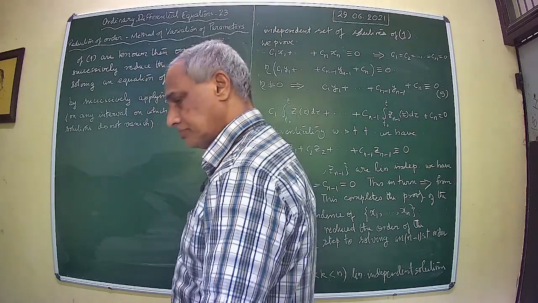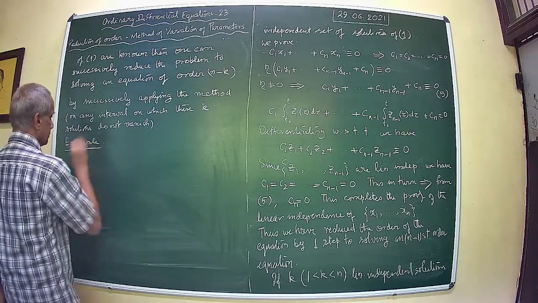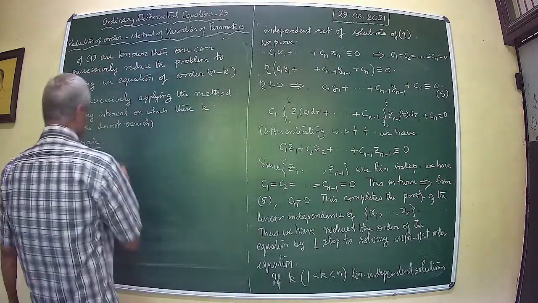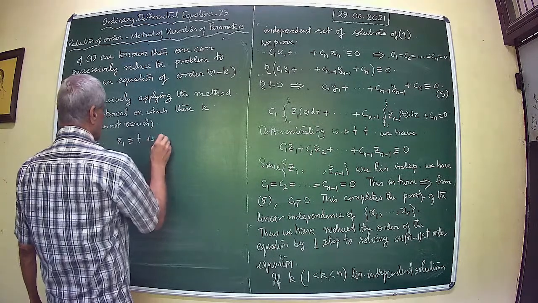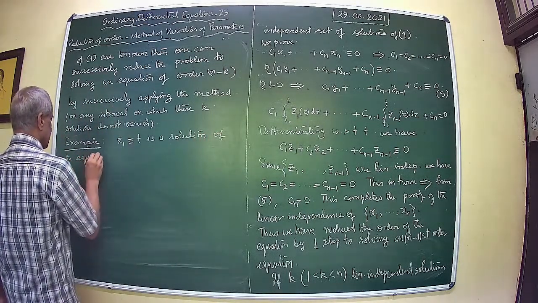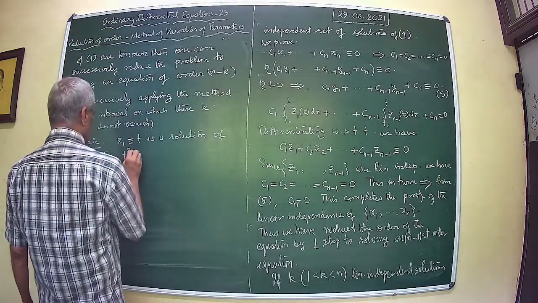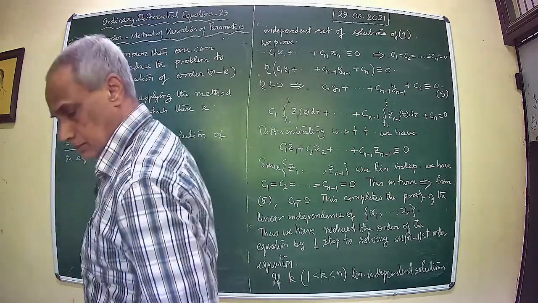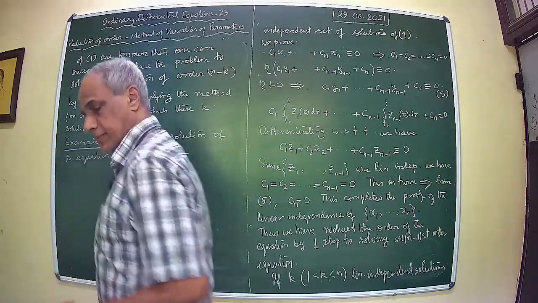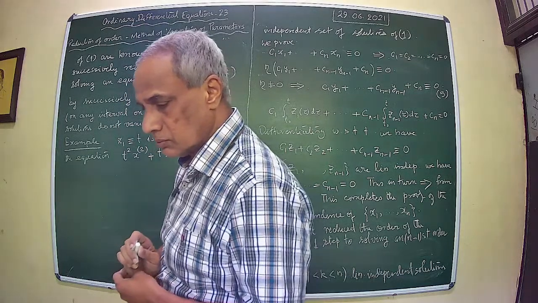So we'll look at one example. Equation t square x double prime minus plus tx prime minus, find the general solution.